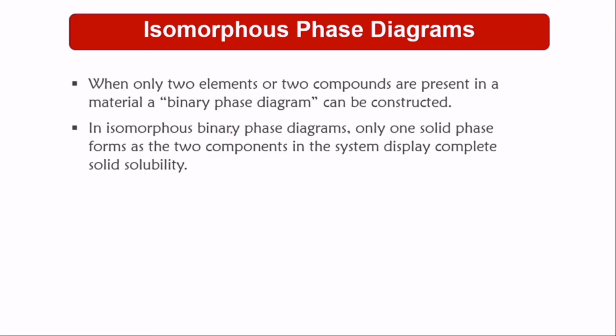In an isomorphous binary phase diagram, only one solid forms, and the two components in the system display complete solid solubility. So as I told you, one solid forms, but it is due to two components coming together. Examples are the copper-nickel system and the copper oxide and magnesium oxide system.